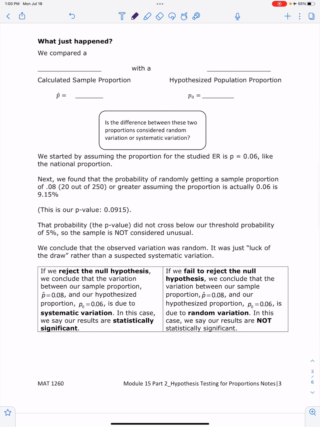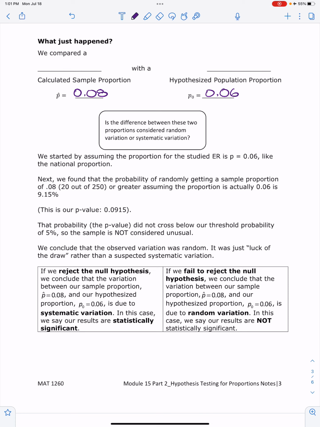Page 3 explains what we just went through. We compared a calculated sample proportion, our sample proportion was 0.08, with a hypothesized population proportion. Hypothesized because that was the proportion that was stated. What we're trying to decide is if the difference between these two is random variation, so normal, or systematic variation.